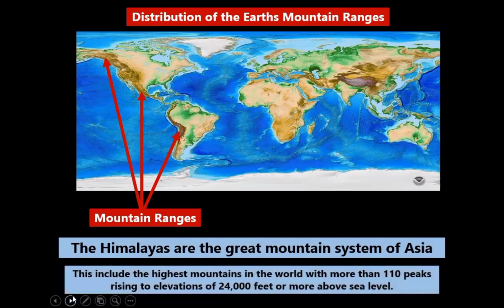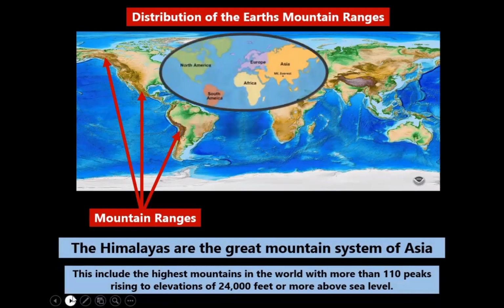These include the highest mountains in the world, with more than 110 peaks rising to elevations of 24,000 feet or more above sea level. One of those is Mount Everest, the world's highest, with an elevation of 29,035 feet.